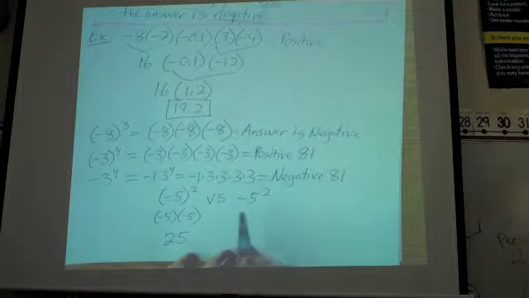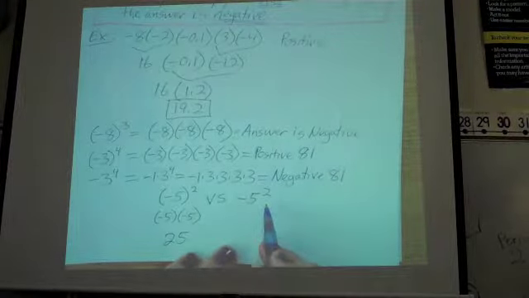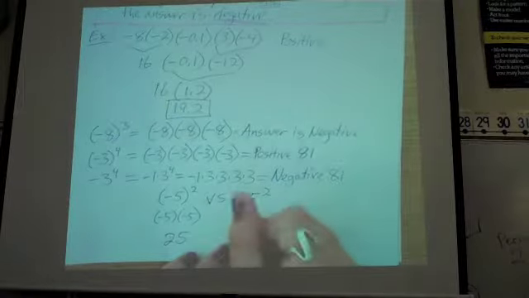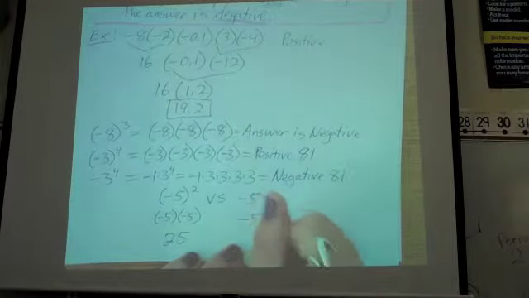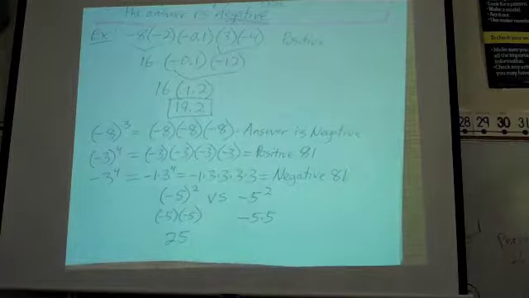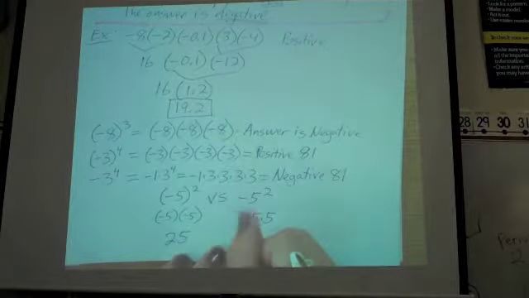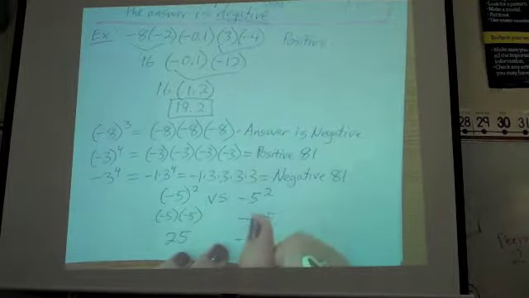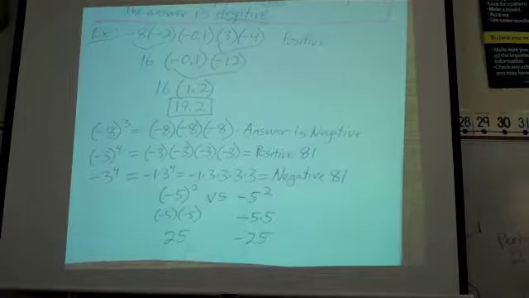Good. This negative 5 squared is going to be a negative, and then 5 times 5. So this is a negative 25. Pretty important concept. Let's box that also.